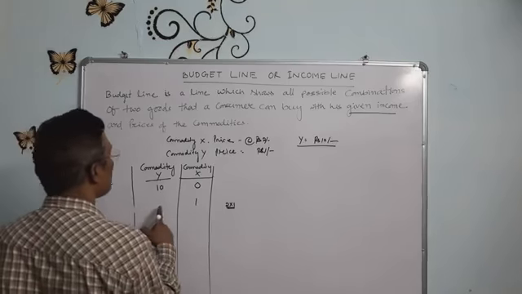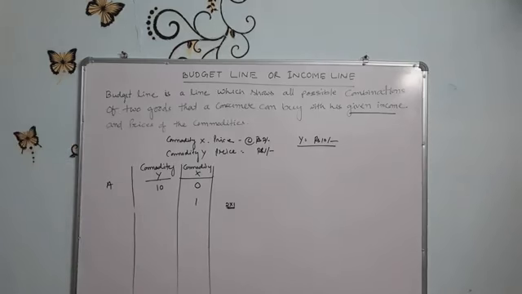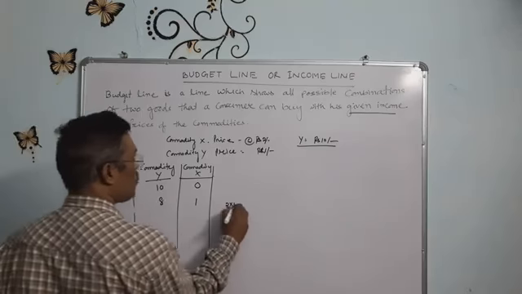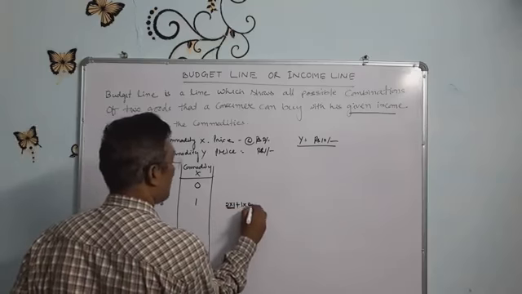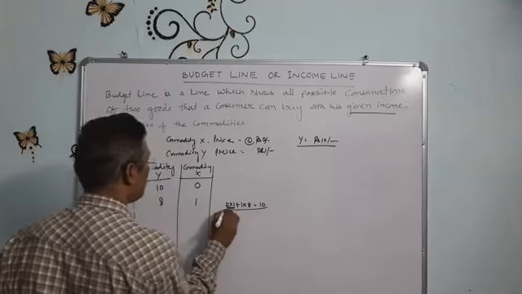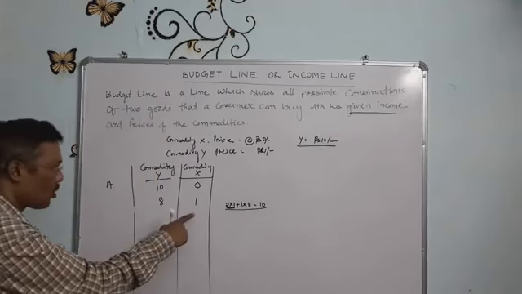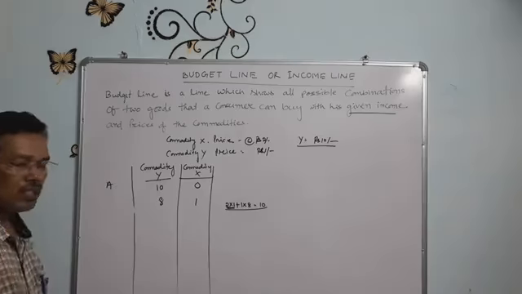So you can purchase 8 units of Y. It means 2 into 1 plus 1 into 8 equals 10. The possible combination is 1 unit of X and 8 units of Y.